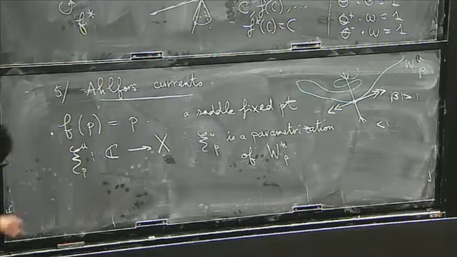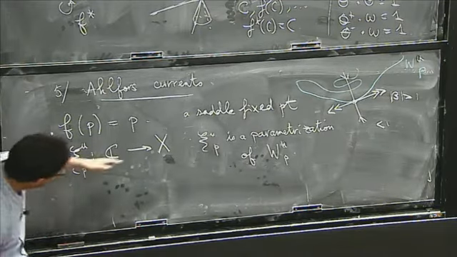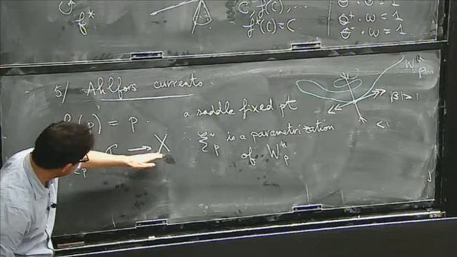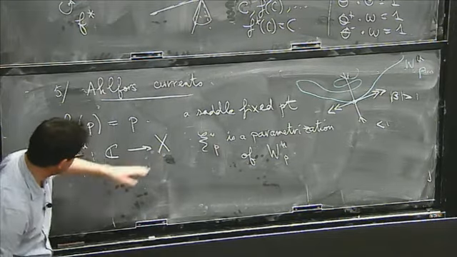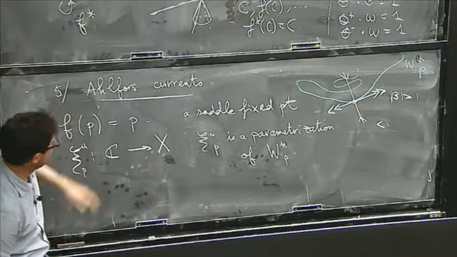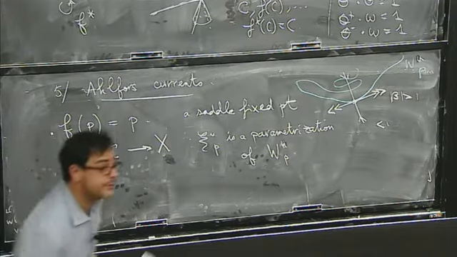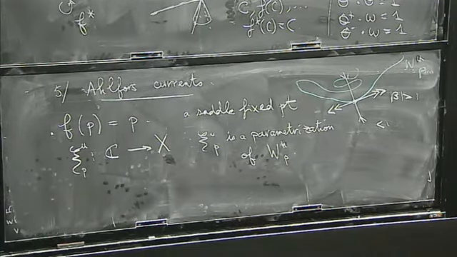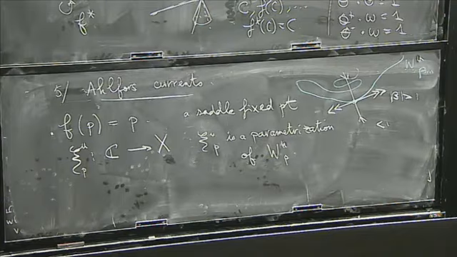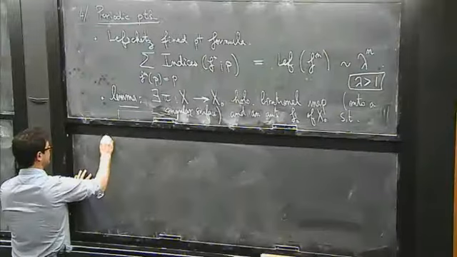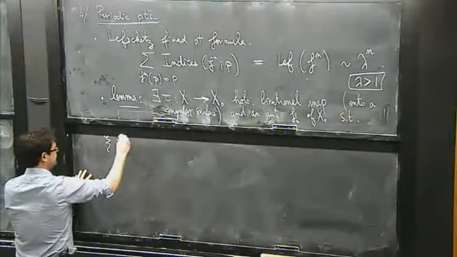Okay. Now, given a non-constant entire curve, so a holomorphic curve like that, I can construct closed positive currents. So that's what Ahlfors did. I mean, Ahlfors, Nevanlinna, and other people. So the construction is the following. You take a non-constant entire curve.